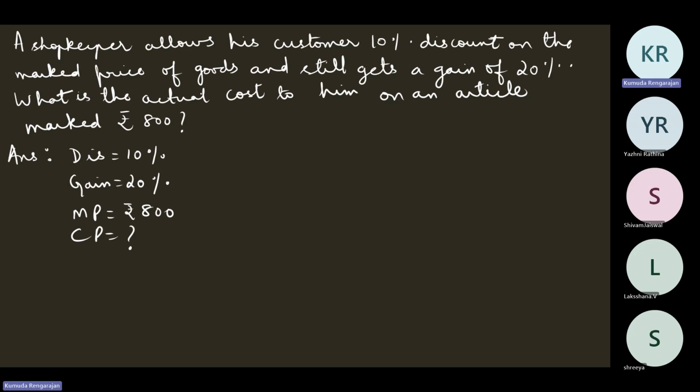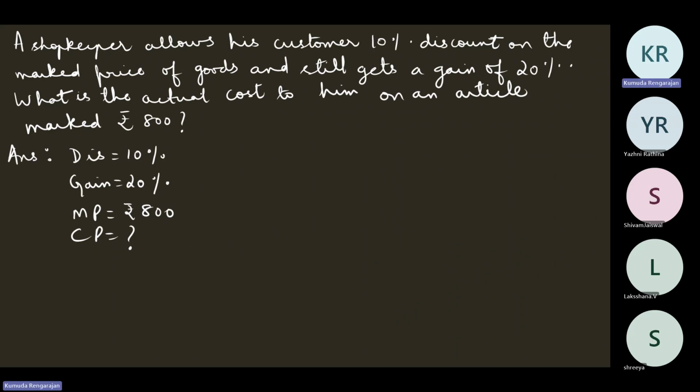The question is, what is the actual cost to him? We will have to find his cost price. Even though he gives you a discount of 10%, he is able to make a profit of 20%.